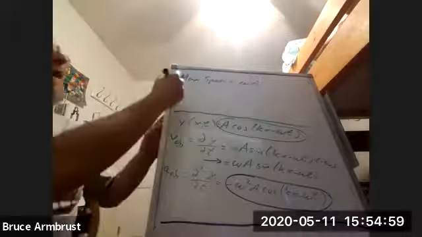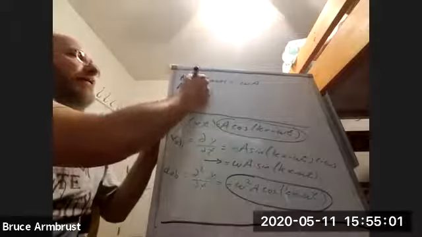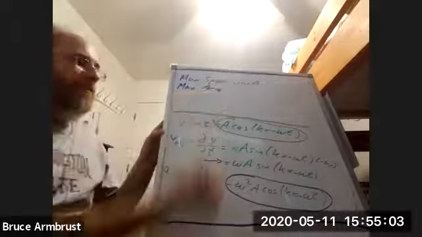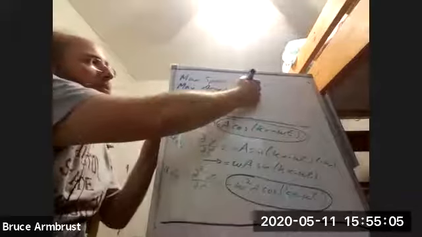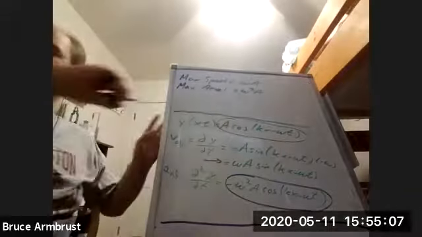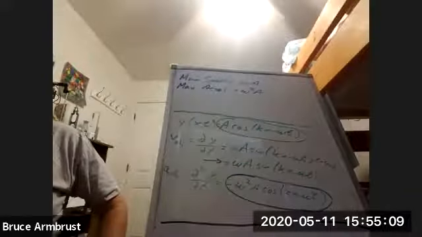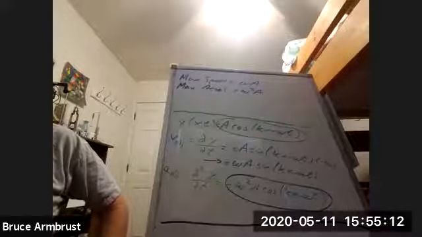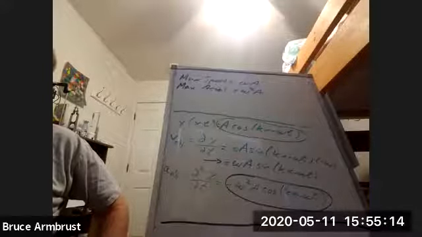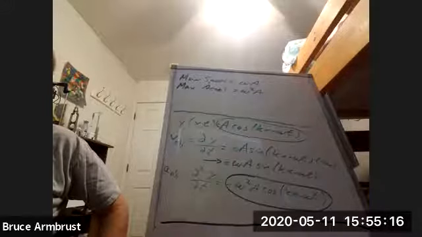And then if we look at maximum acceleration, well, it's going to be omega squared times a. So that omega, that angular frequency, does a lot in terms of the motion of particles that are in a wave.